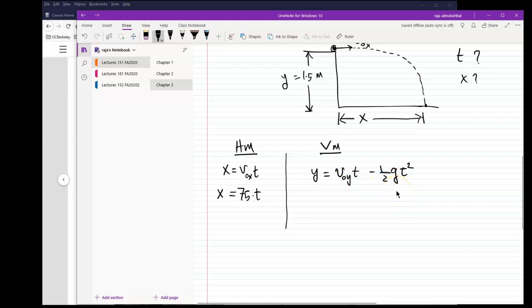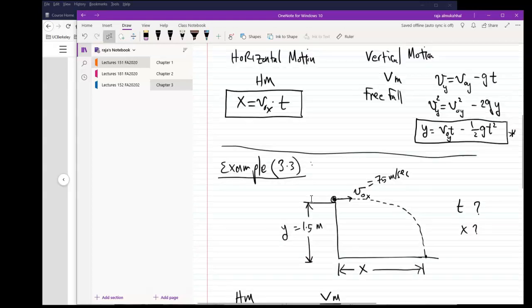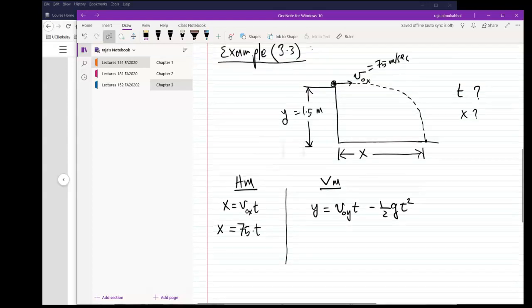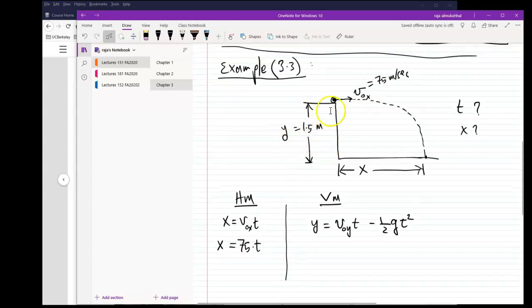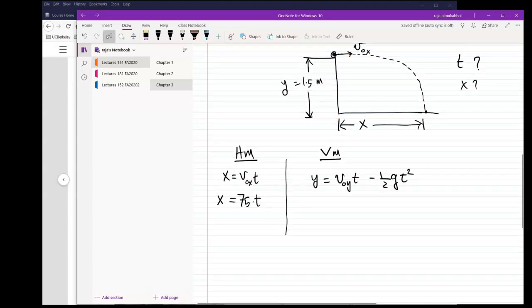So what is y? Well, y is the height. When I say y here, basically it is the height from which the ball was thrown. So in this case, the height is basically 1.5. Since it is below the ball initially, that will be negative. So I'm going to have negative 1.5 equals, now what is V naught y?